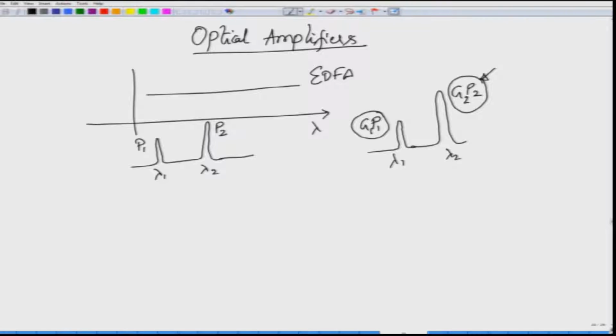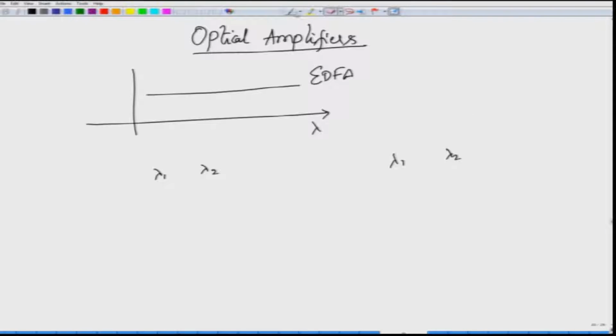The situation becomes a little worse when you come in with two different wavelengths having equal powers. If you come in with lambda 1 at a certain power P and lambda 2 also at power P, the output signal that you are going to get will be G1 times P for lambda 1 and G2 times P for lambda 2.